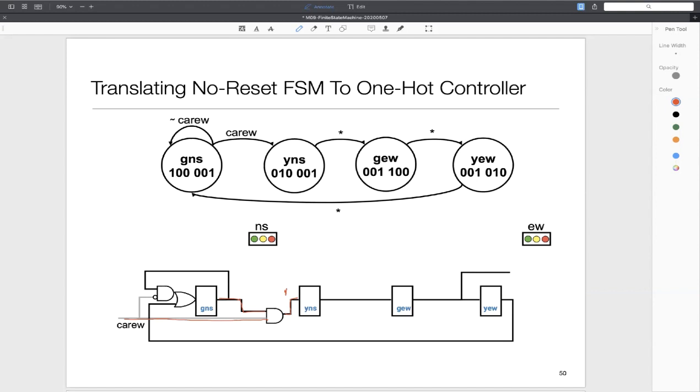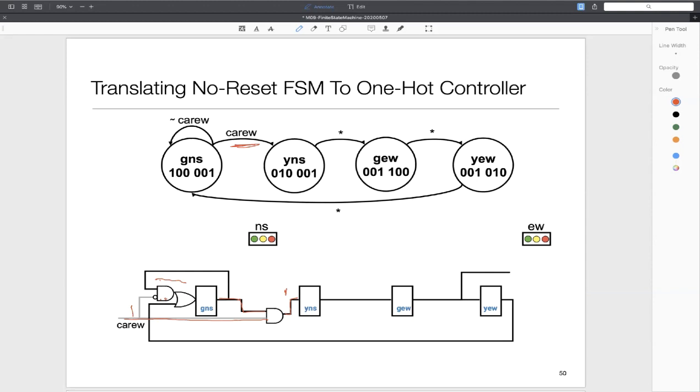And I need to make sure that GNS gets the value 0. This logic will do that. If car east-west is high, then this AND gate will become disabled. And meanwhile, YEW is 0, so GNS will become 0. So if GNS was high and car east-west was high, then at the next clock tick, YNS will become high and GNS will become 0, which corresponds to the transition out here.